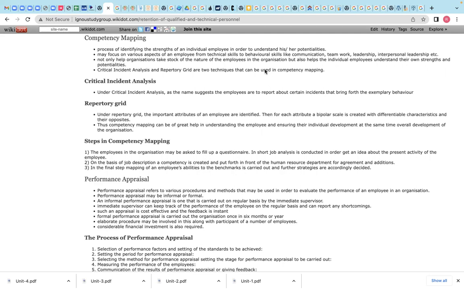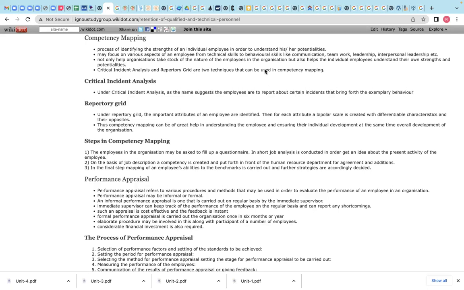Okay. The next is steps in competency mapping. Employees of an organization, maybe you would ask them to fill in a questionnaire. So the questionnaire is one way. The other is you might ask them to write their job description, and then using this job description you derive their particular competencies.